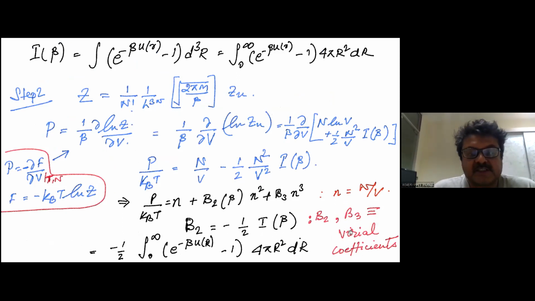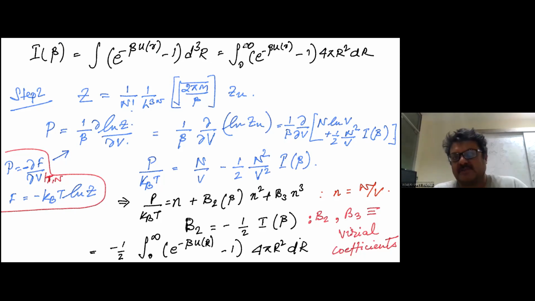Now our focus for some time is the calculation of a much simpler quantity, just I(β), no derivative, no log, etc. It has really become simple. So it's over all space that the distance between two particles can take, the integral of e to the power minus βU(R), the two-particle U(R), minus 1, d³R.